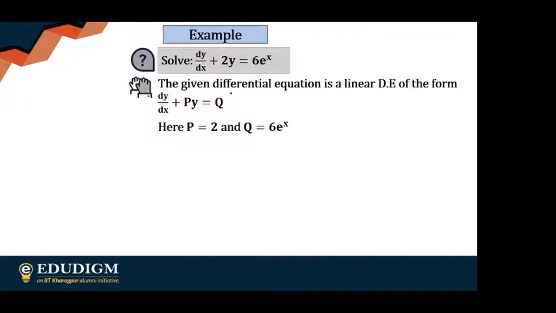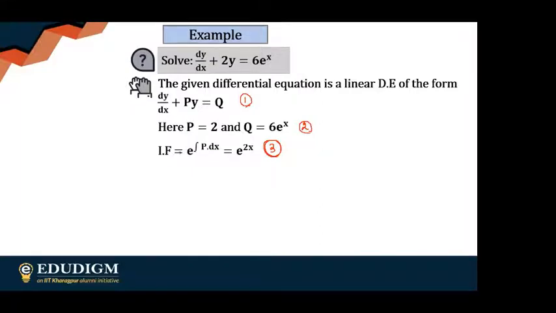Okay, so this is the first step where you see the structure, and this is the second step. Actually, this is kind of the first step as well, because you identify the functions you have here of p and q. Second step is this. Third step is very, very crucial. It is very crucial. This is third step.